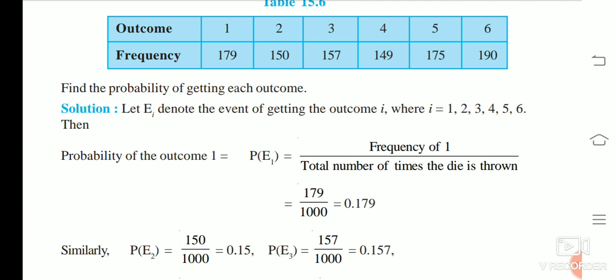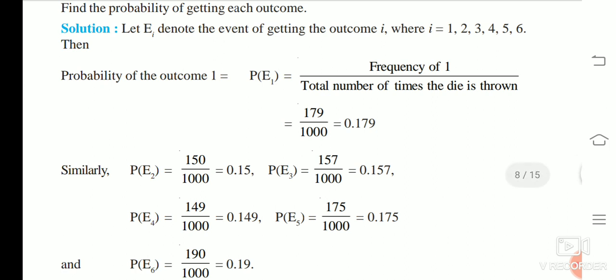P of E1 equal to frequency of 1 divided by total number of times the die is thrown. This is frequency of 1 divided by total number of times the die is thrown. So 179 divided by 1000, you need to write in a decimal answer, that is 0.179.